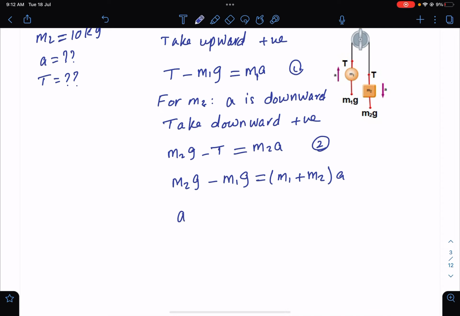Therefore, A in this case is going to equal M2G minus M1G divided by M1 plus M2. And we can take G as common factor: M2 minus M1 times G divided by M1 plus M2.